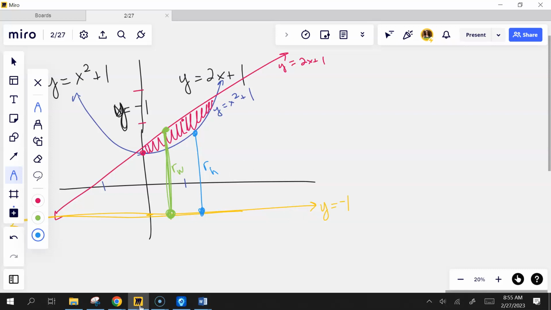Let's find our intersection points first. This point is 0, 1. This point is, let's go other side.